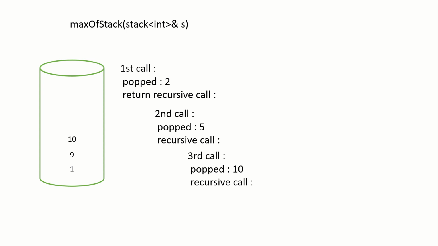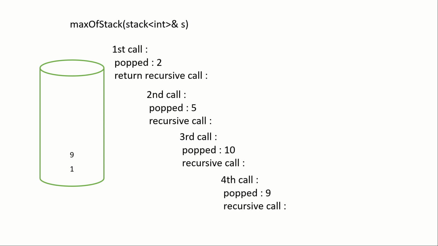In the third call we have popped 10. In the fourth call we have popped 9. In the fifth call, this hits the base case when the size of the stack is 1, and now we have the top 1, so we will return the top element.